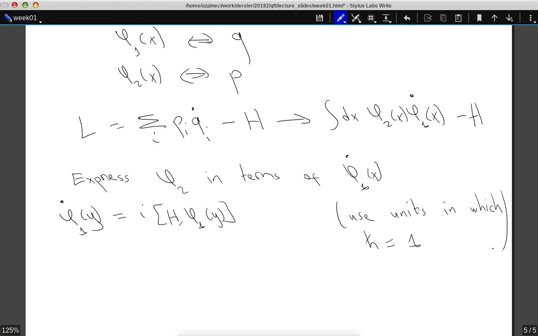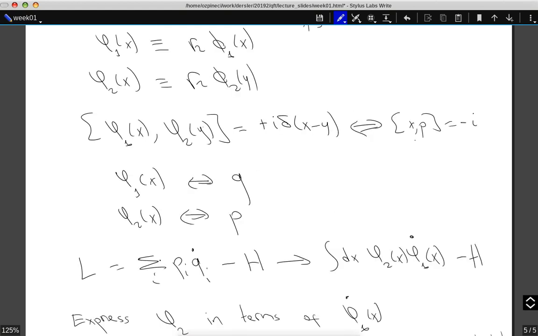I'm using some other units in which h bar is 1. Is it minus or plus? It should be minus. Well, we know what H is.